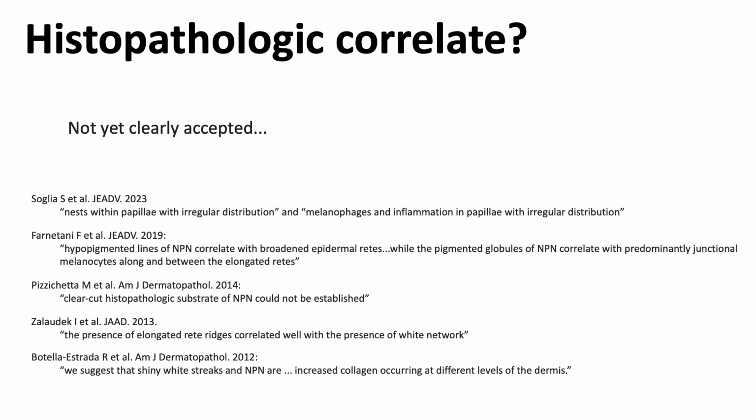People have reported that it relates to the nests in their distribution, the melanocytic nests, that it refers to broadened epidermal rete ridges or elongated rete ridges. Some authors could not identify a histopathologic substrate, and others have suggested it relates to collagen. So the jury is still out there on exactly what the finding correlates to.